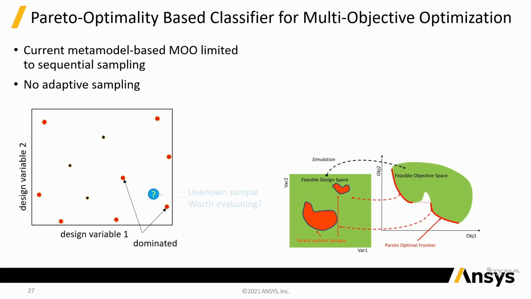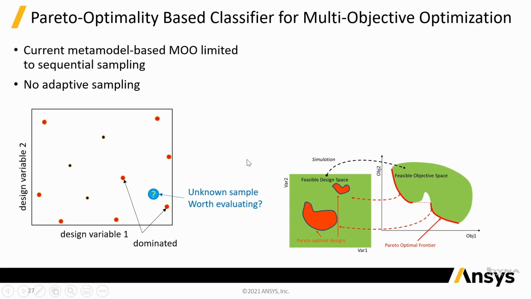Now, if we consider a new point which has not been evaluated, and we try to think intuitively whether this point is likely to be a Pareto optimal solution or not, the answer is probably no, because it is surrounded by a lot of dominated points, and therefore it is very likely that this point will also be dominated.